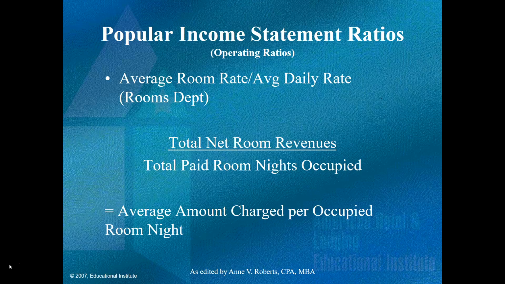So if we have 5 rooms that were occupied 20 days during the month, how many paid room nights are we going to have? 100 paid room nights. So again, it's paid room nights occupied. So how many days did we rent out that room?